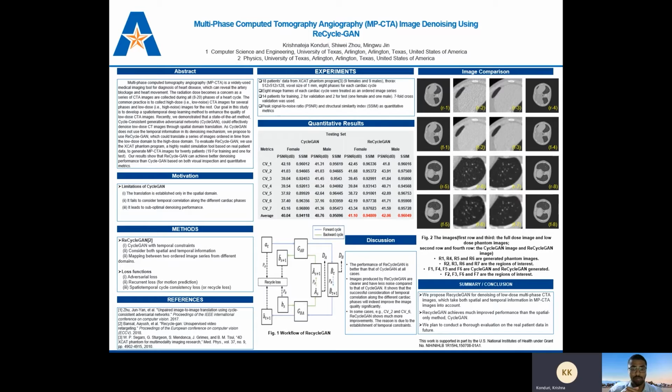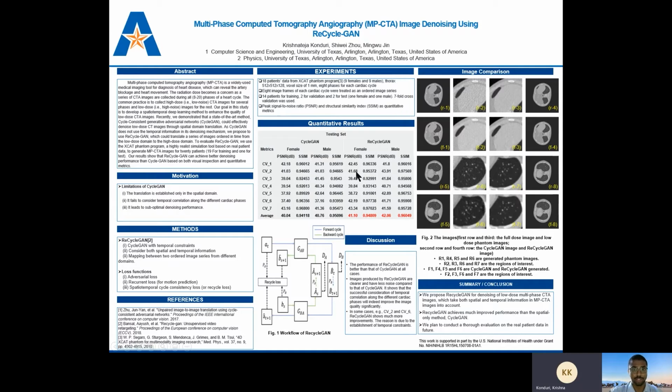In the quantitative results table below, we can see that RecycleGAN is in fact better at denoising CTA low-dose images than CycleGAN. As you can see, the PSNR and SSIM values for both female and male are much higher than CycleGAN. PSNR values measure how much of a signal there is compared to noise in the image. Therefore, the higher the PSNR value, the lower the noise.